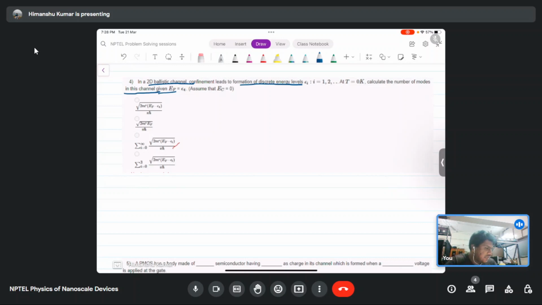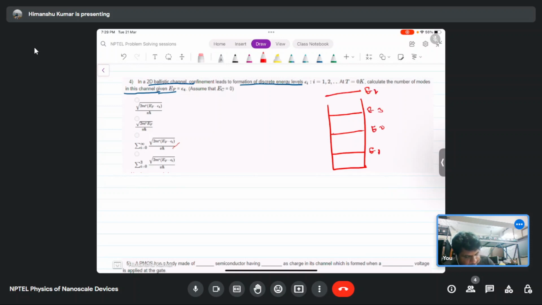So basically your conductance in the 2D channel will be determined as follows. When you do the 2D confinement, there will be discrete states in one of the directions, which we call E1, E2, E3, E4.